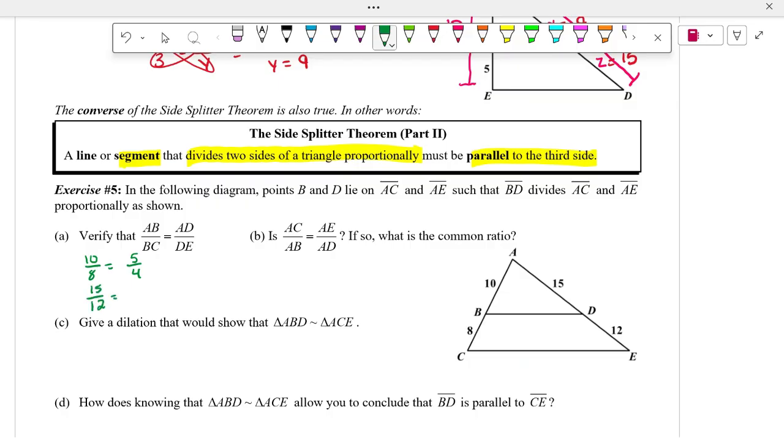What does that simplify down to? 5 over 4. So since these are the same, that means that those two lines are parallel.